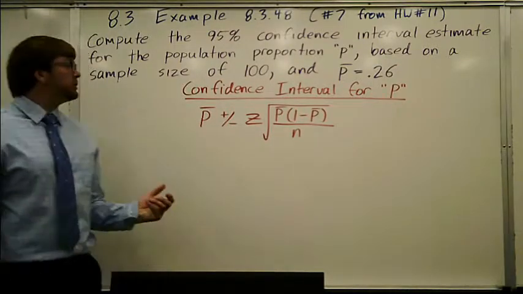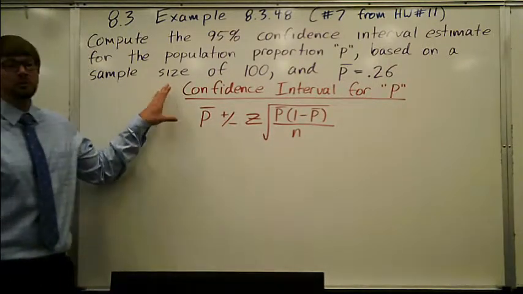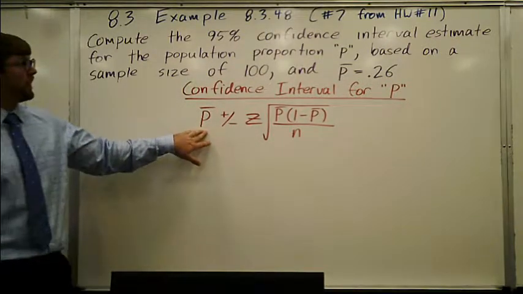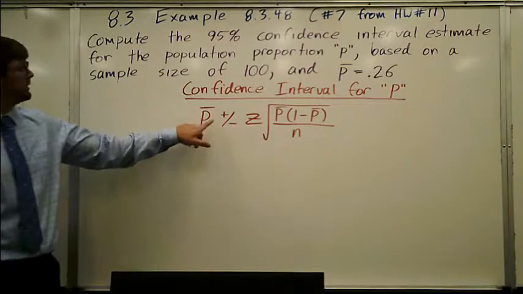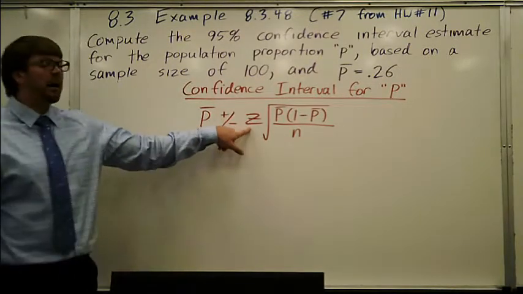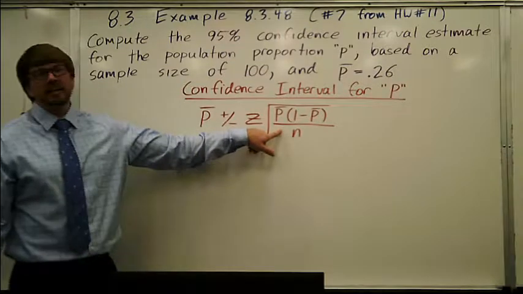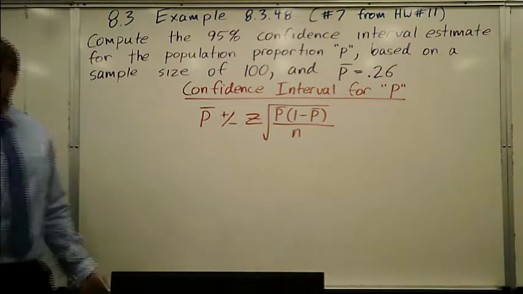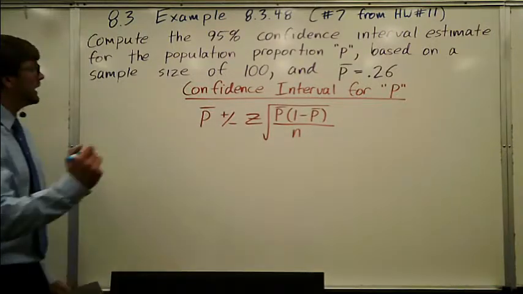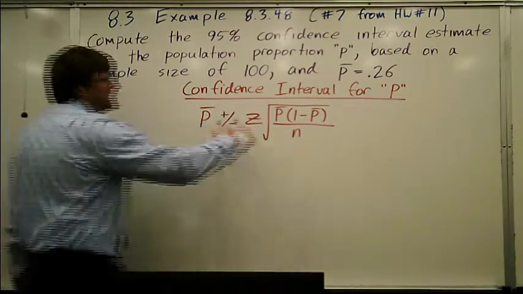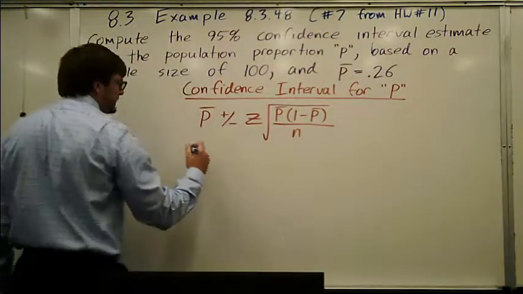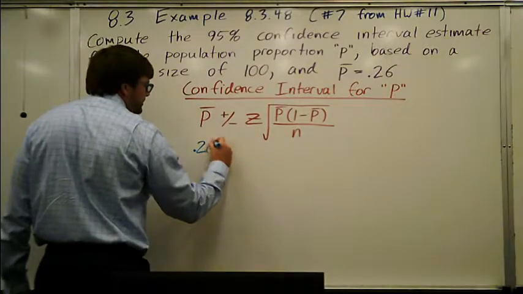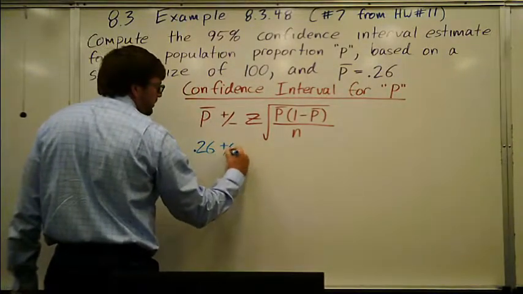Alright, so first off, as we just talked about, a confidence interval for a population proportion is just our point estimate, or our sample proportion, plus or minus a z-value multiplied by the standard deviation of the population proportion. So we just plug in our values. The sample proportion in this situation is 0.26, so we would have 0.26 plus or minus.